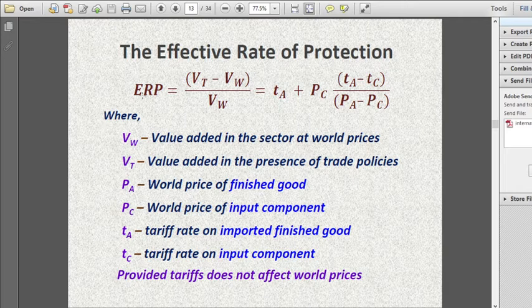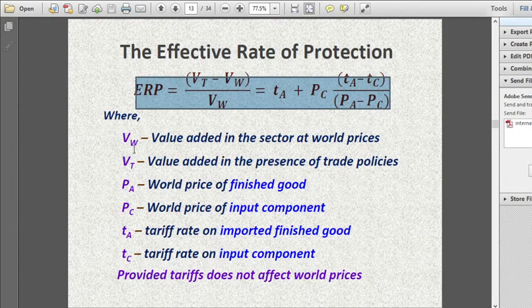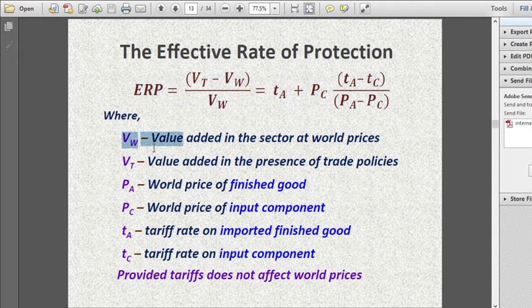The formula is ERP. Ito, hindi ko na bibigkasin. Where this one means value added in sector at world price. Where this one is value added in presence of trade policy.